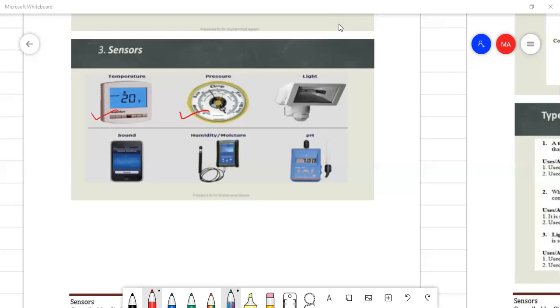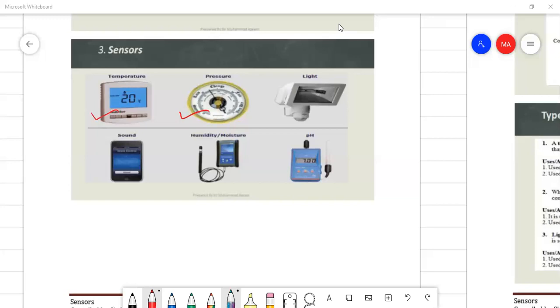Yes, Hamza Iqbal. Pressure sensor, where will it be used in our daily life? Yes, beta, you are absolutely right.